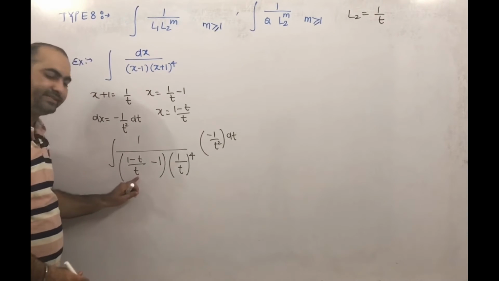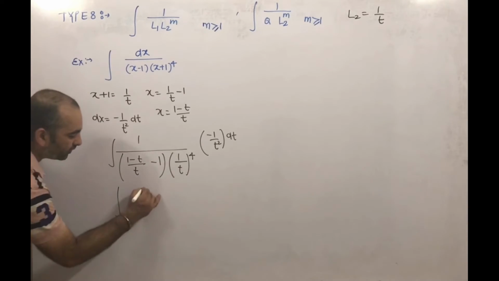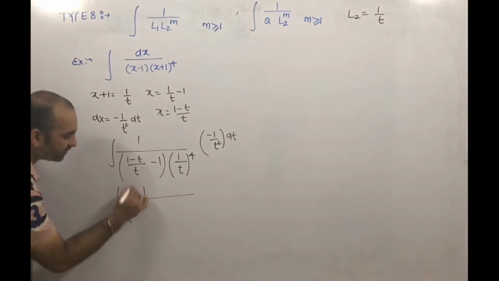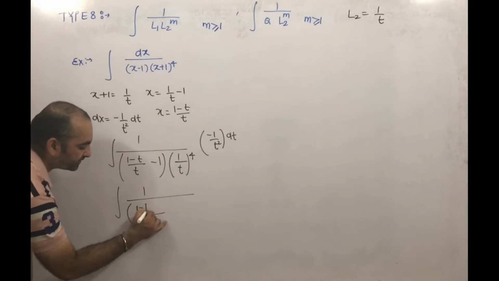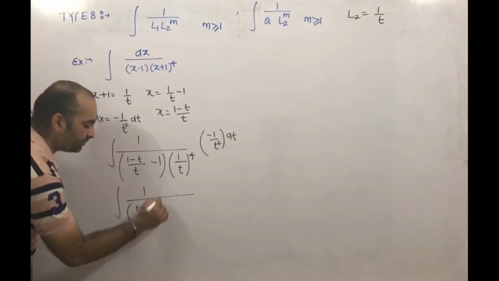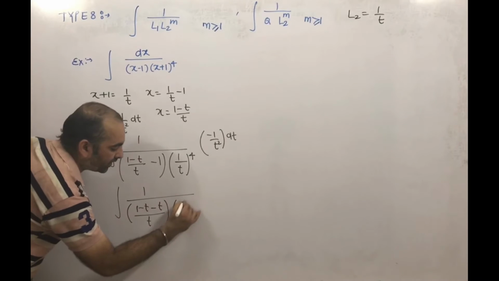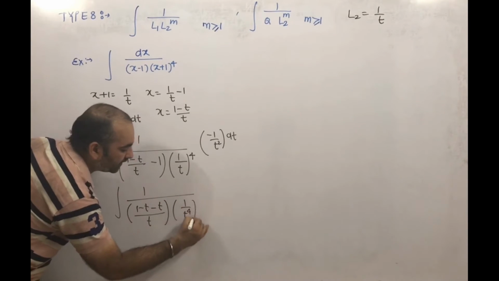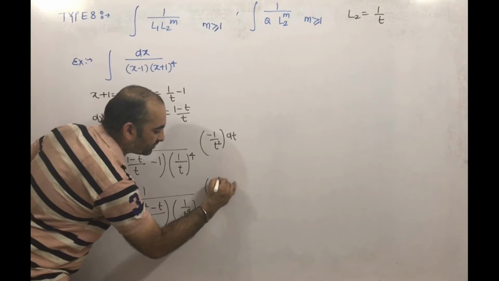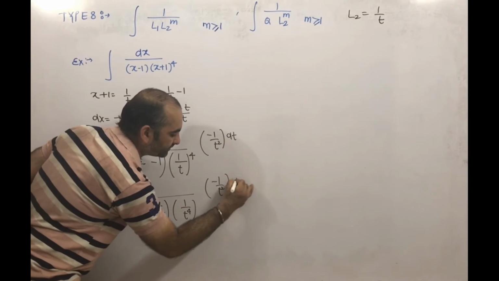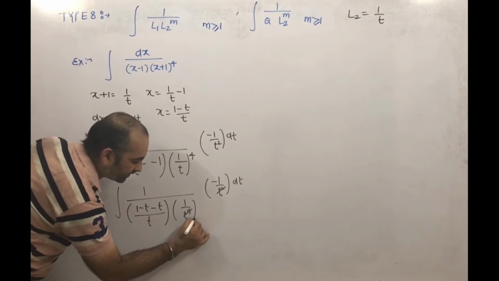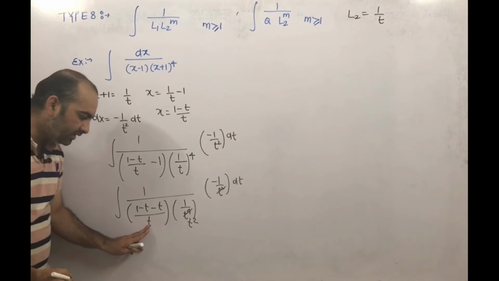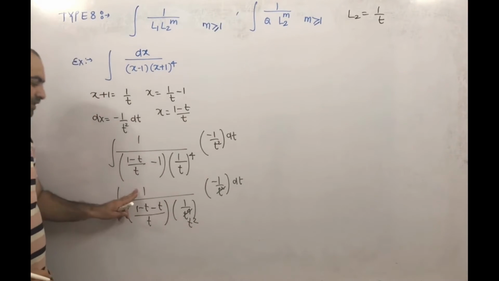Here we will take the LCM. So this will come out as the integration of 1 divided by: the LCM is t, and this comes out as 1 by t as it is, (1 minus t) as it is, and here minus t, into 1 by t power 4, into minus 1 by t square dt. This t square and this t power 4: t into t square is t cube, so t cube comes in the numerator.